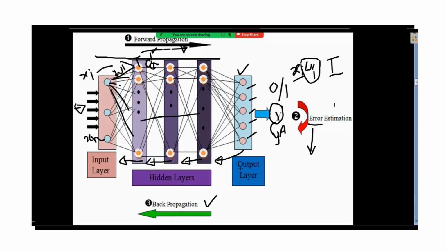As we are moving in the reverse direction, it is called the backpropagation algorithm. And in the backpropagation algorithm, we use the concept of stochastic gradient to modify the weights. Each step of the backpropagation algorithm we will also see in upcoming slides.